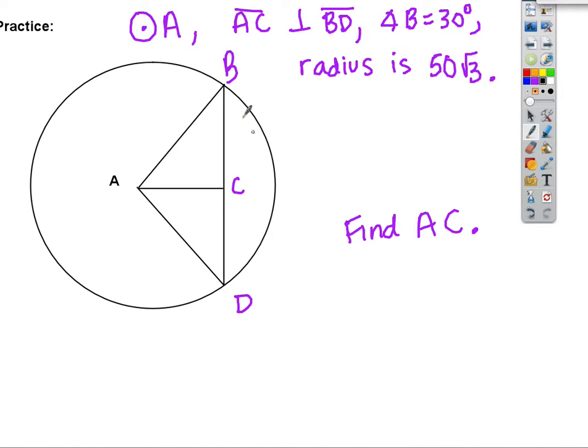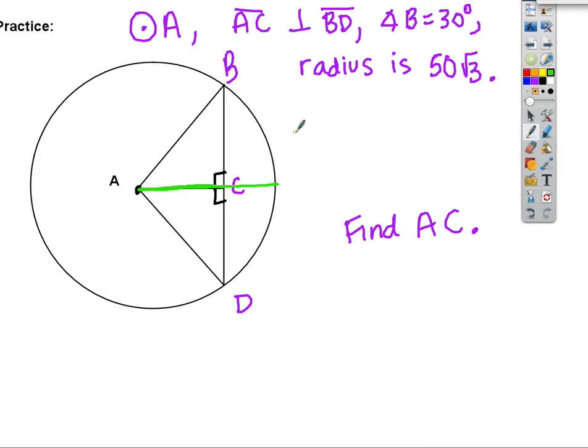To do this problem, first let's mark what we know. If AC is perpendicular to BD, that means we have two right angles. If you look at the picture, AC, that segment, is not a diameter nor is it a radius. It's just a little piece hanging out there. But if I were to extend it, it is part of the radius.